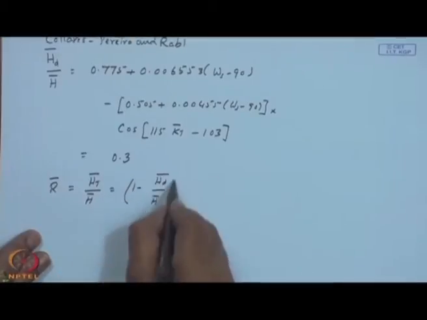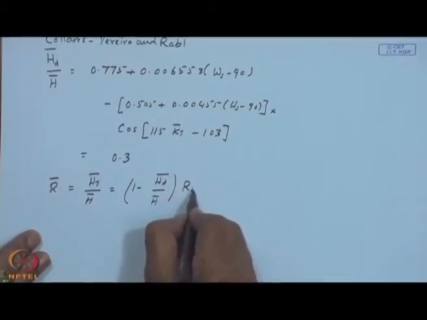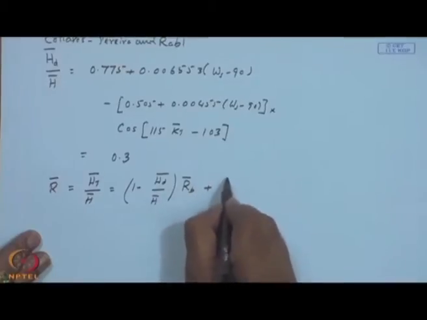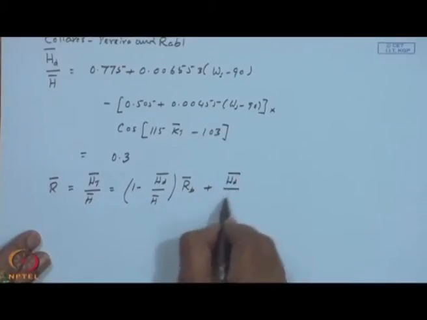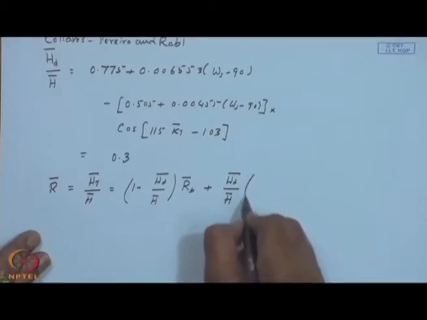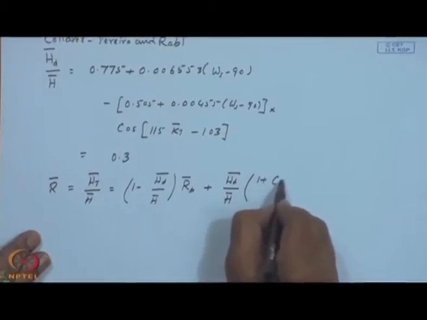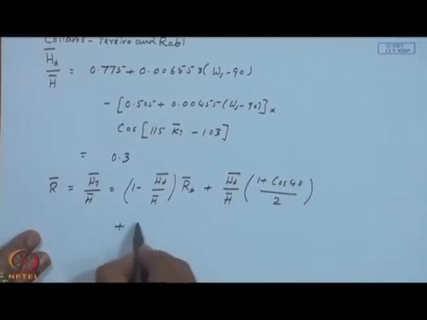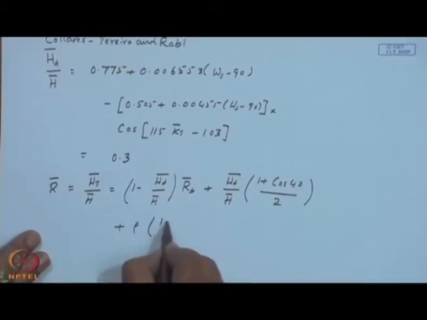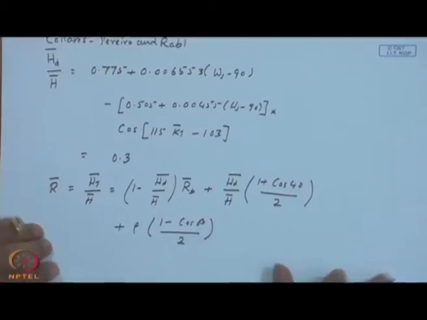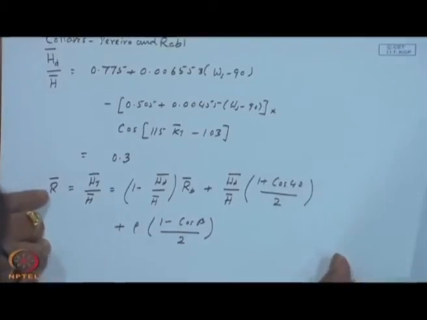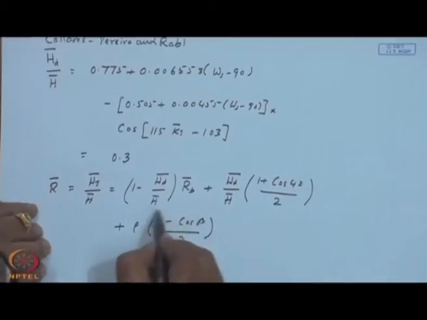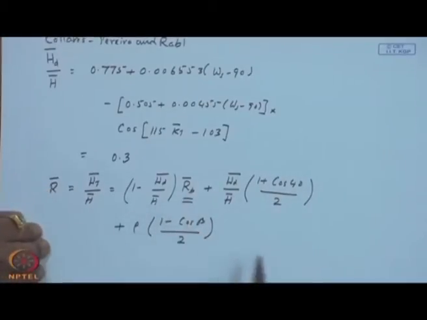Now, you understand why we calculated this, times R b bar plus h t bar by h bar times (1 plus cos beta by 2) plus rho, which is 0.2, times (1 minus cos beta by 2). This is the tilt factor for the entire radiation. This is the beam component, the direct component, this is the diffuse, and this is the ground reflected.